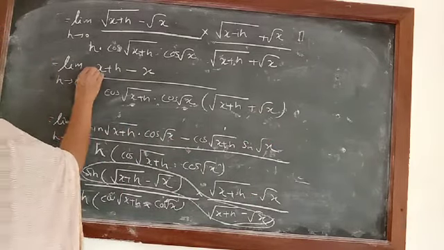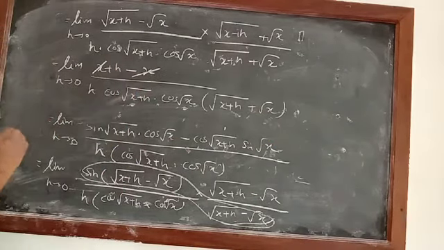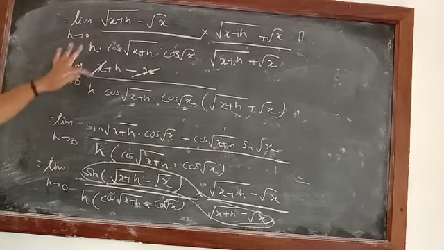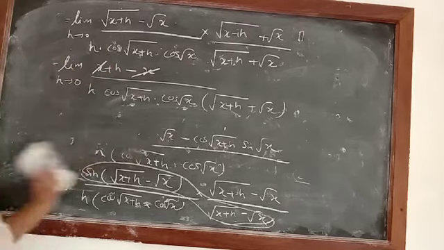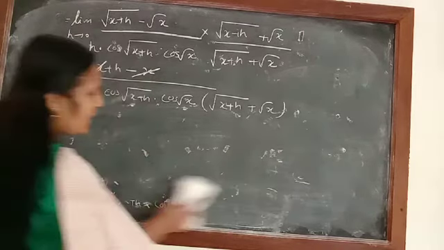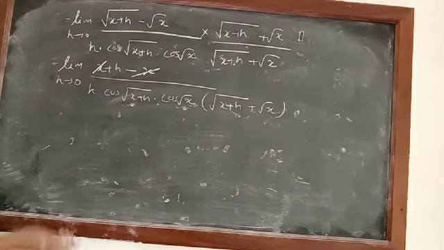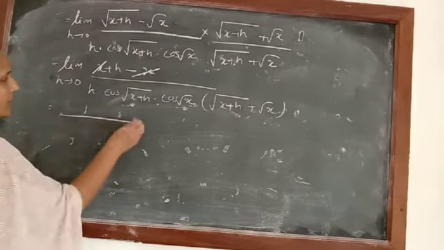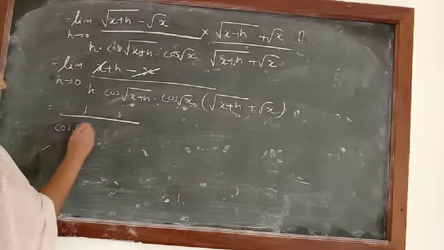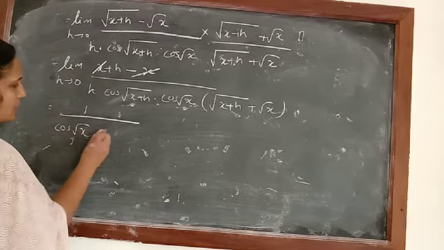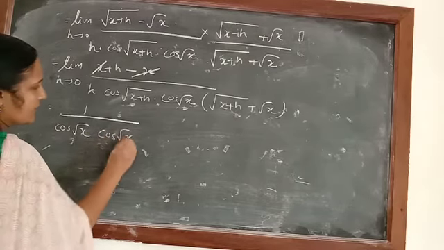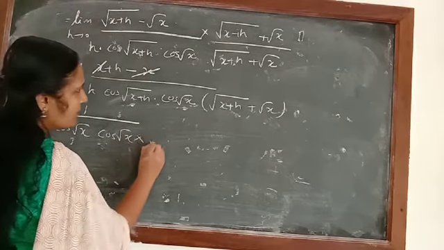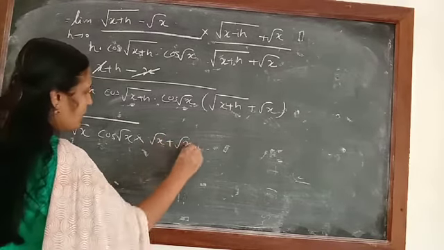Now just to check here, these two expressions will get cancelled. In the next step, h and h also will get cancelled. So what is remaining now? Substitute h equal to 0. Remaining it will be equal to 1 by cos root x into cos root x, into 1 by root x plus root x.